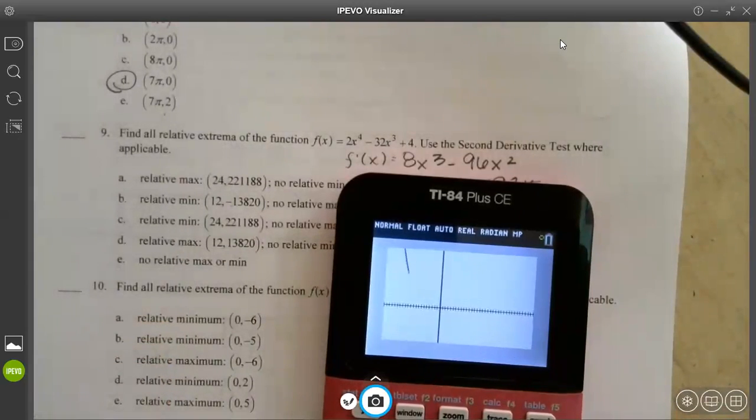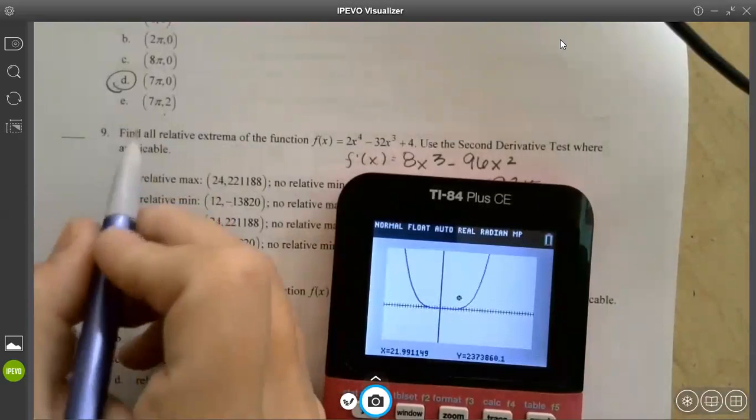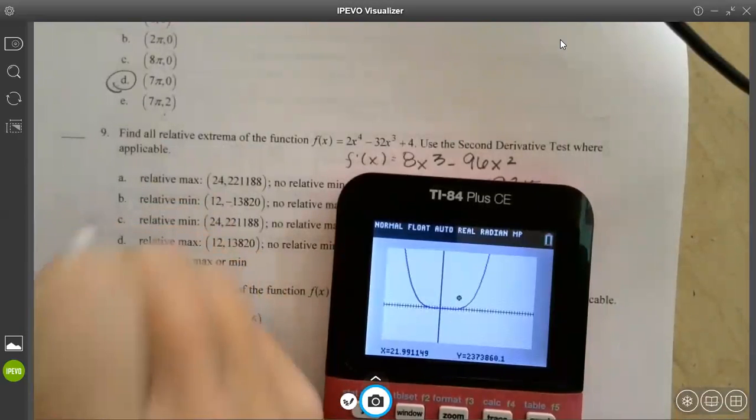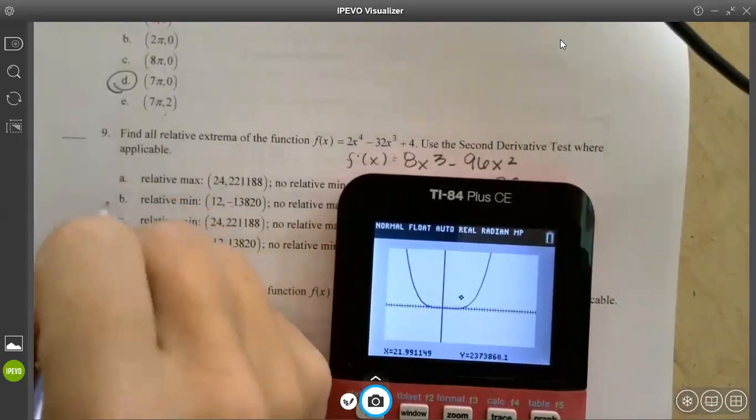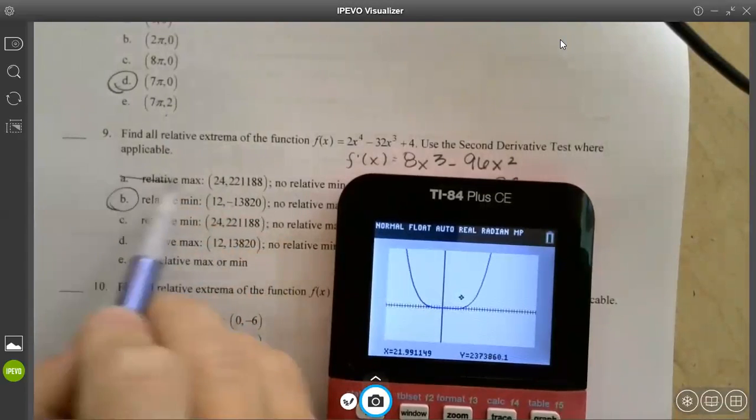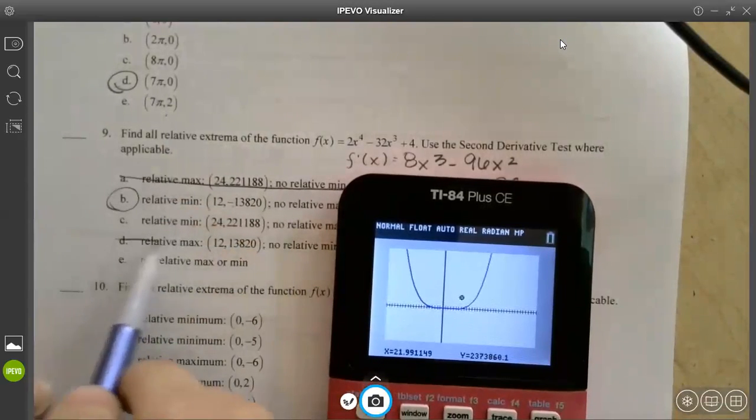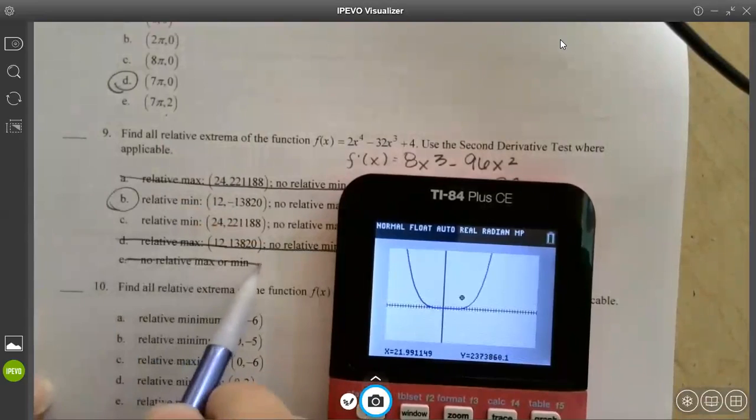I'm going to zoom out so you guys can see it. So what does this one have? It's a minimum, right? So it has to be which one? B. Again, we do not have a max. We do have a min.